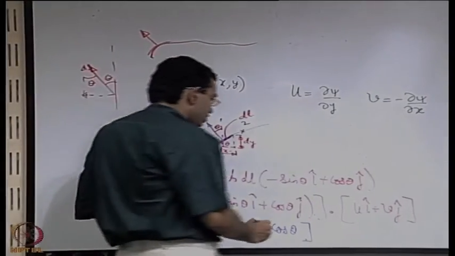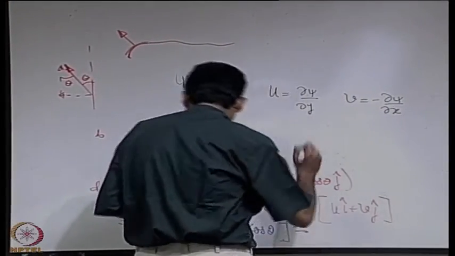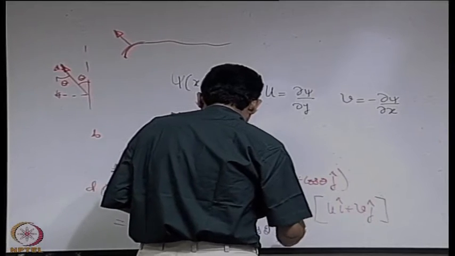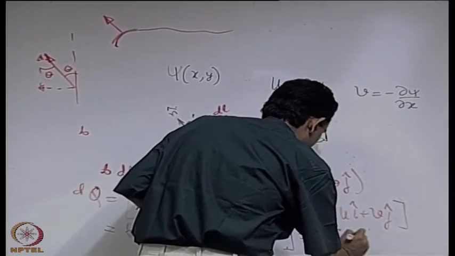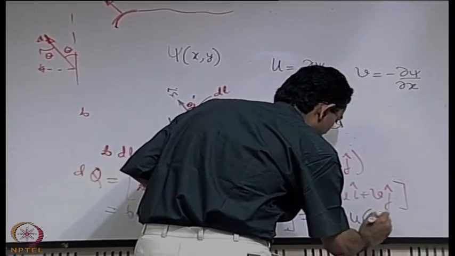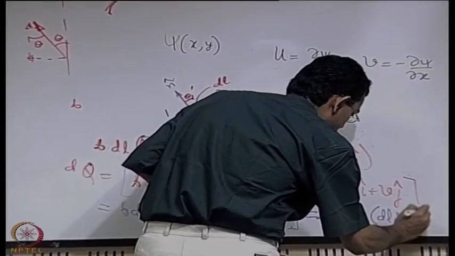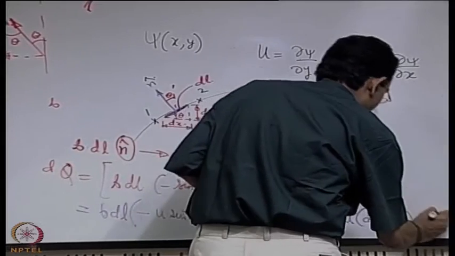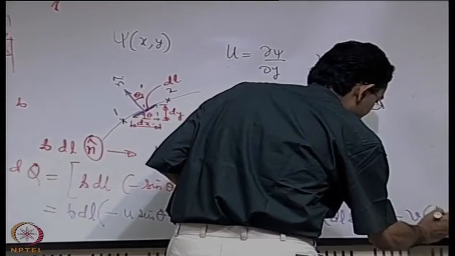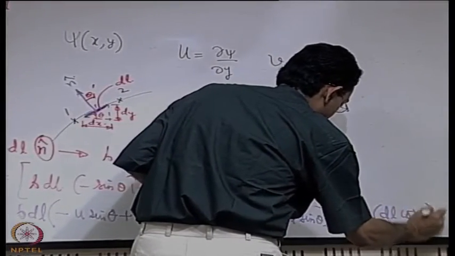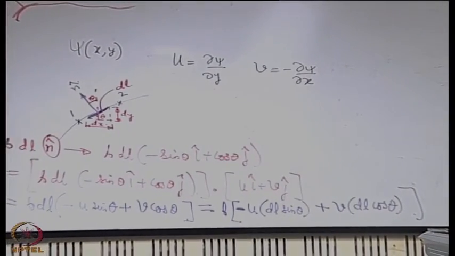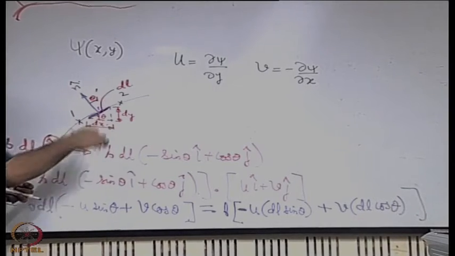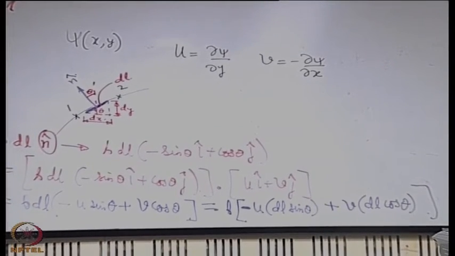So, you can also write it as b into minus u into dl sin theta plus v into dl cos theta. From the figure you can clearly see that dl sin theta is dy and dl cos theta is dx.